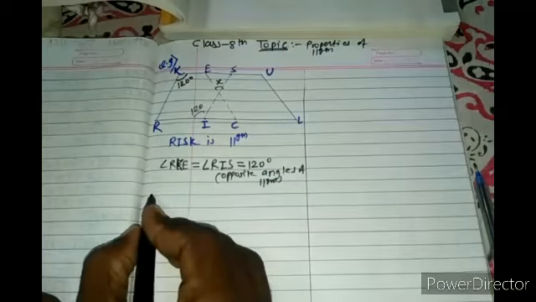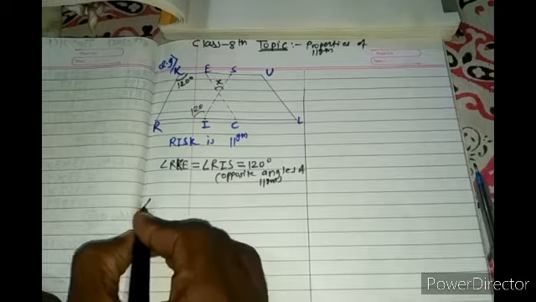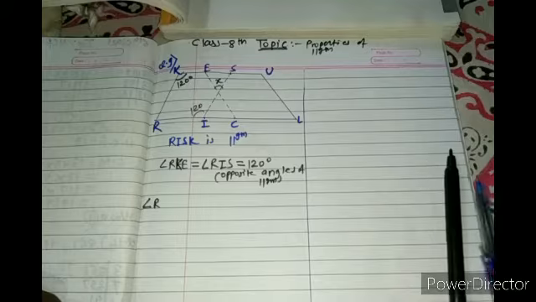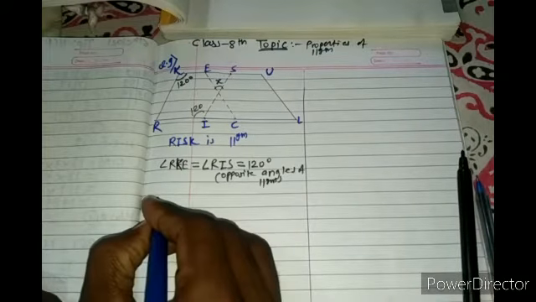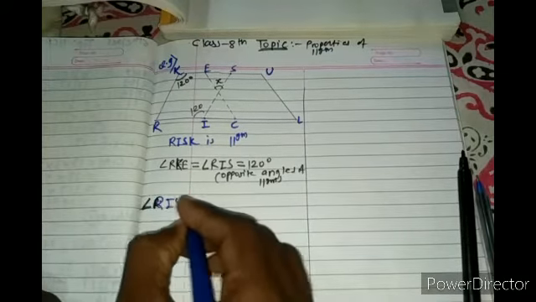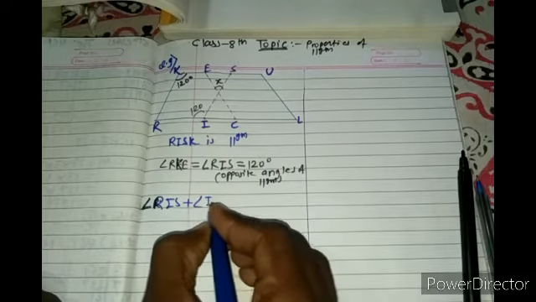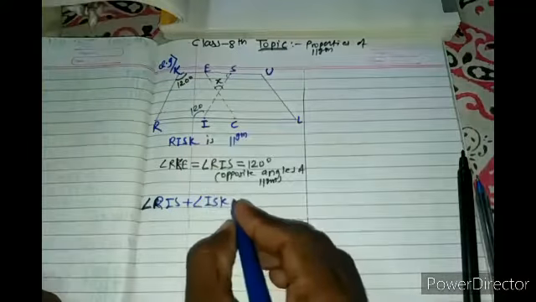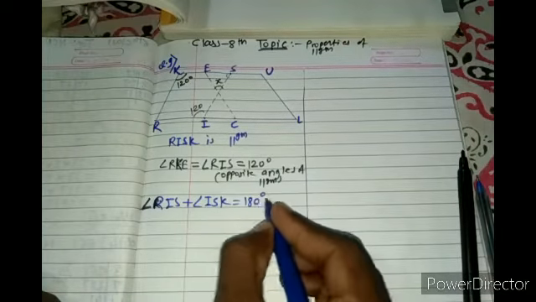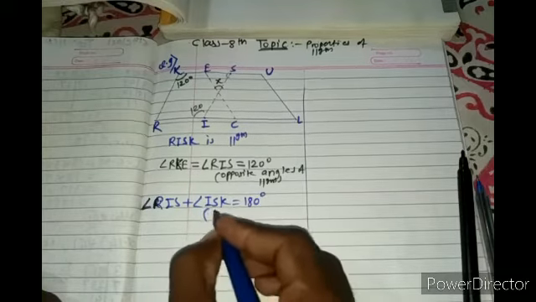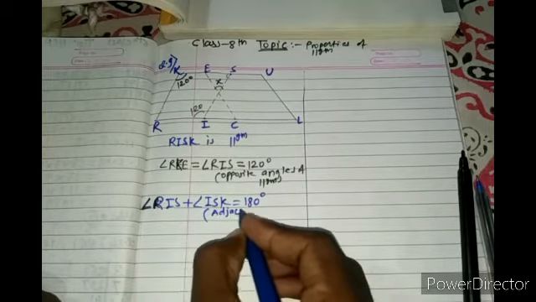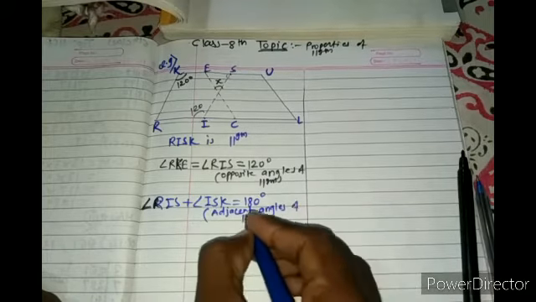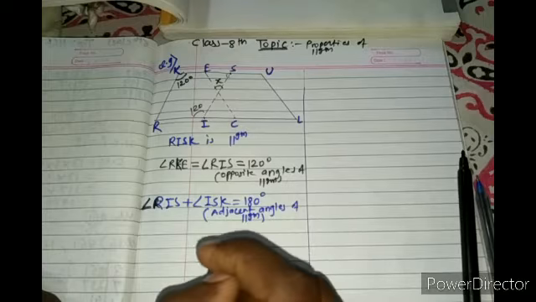So now we will make the summation of the two angles, angle RIS plus angle ISK. What is this equal to? 180 degrees. You know very well the adjacent angles of a parallelogram are supplementary.